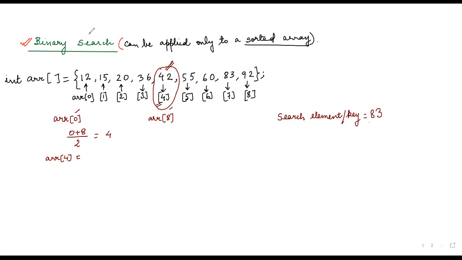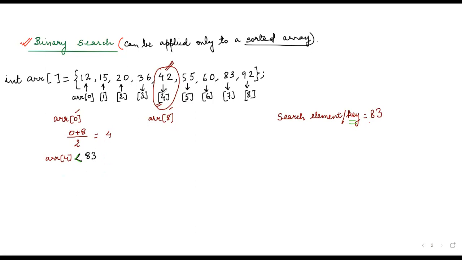So now what will happen? This ARR4 will be compared to this key 83. Whether this ARR4 is equal to 83. So definitely not, because ARR4 is 42. So it is not equal to 83. Then if it is not equal, whether it is less than 83.